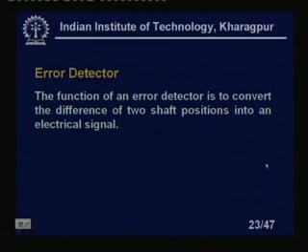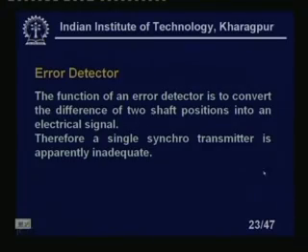If there is a mismatch in the shaft positions, I will get an electric signal. Therefore, a single synchro transmitter is inadequate. We always need a transmitter along with a control transformer. That we call a synchro pair.